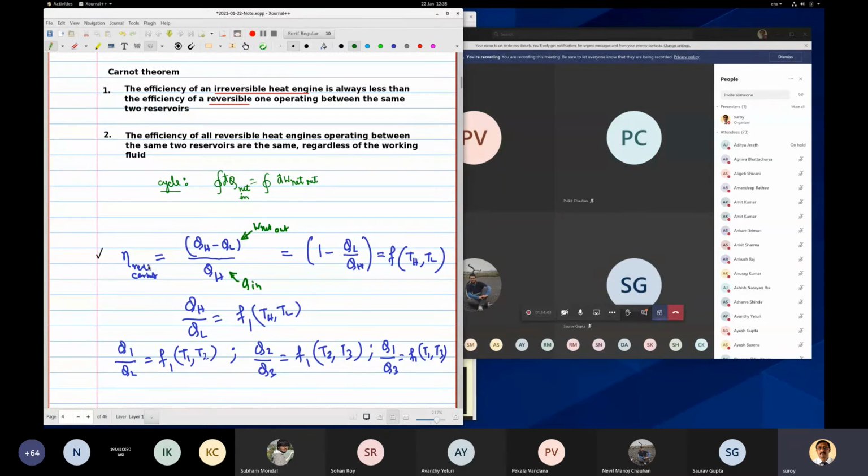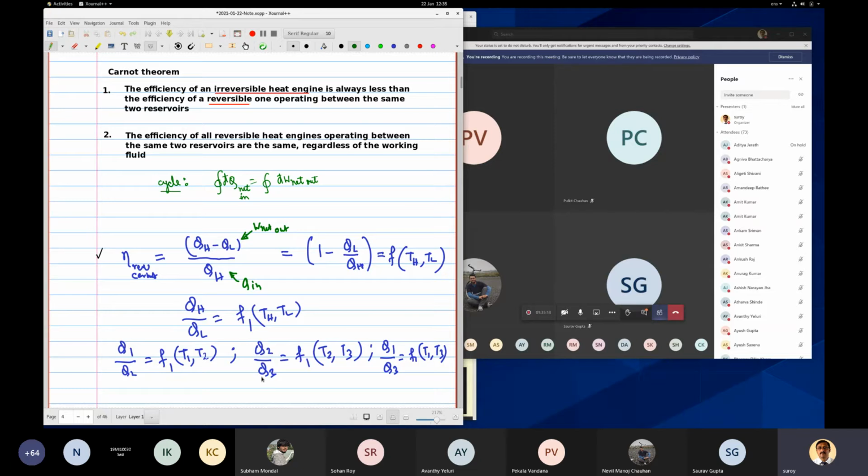As we said, this efficiency only depends on the temperature TH and the temperature TL. So although we can write it as 1 minus QL by QH, it is basically a function of TH and TL. So basically we can say QH by QL is some function of TH and TL. So if we have Q1 and Q2, then T1 and T2.